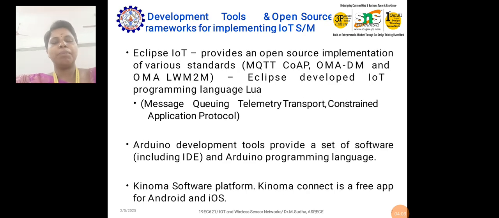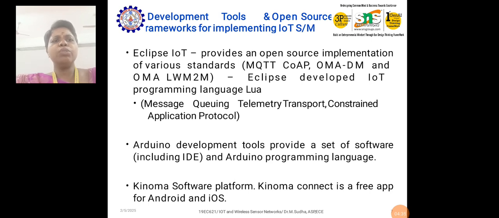And coming to the development tools and open source framework for implementing IoT. Here Eclipse IoT provides an open source implementation for various standards. The standards we already mentioned, the communication protocols, that is MQTT, CoAP, OMA-DM, and OMA LWM2M, and Eclipse developed an IoT programming language.